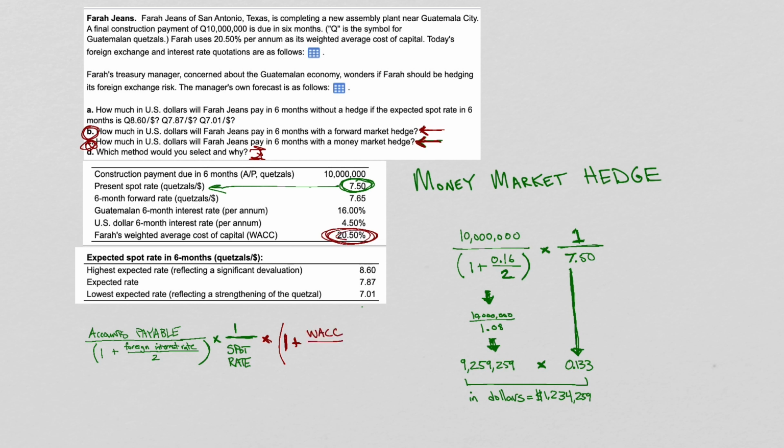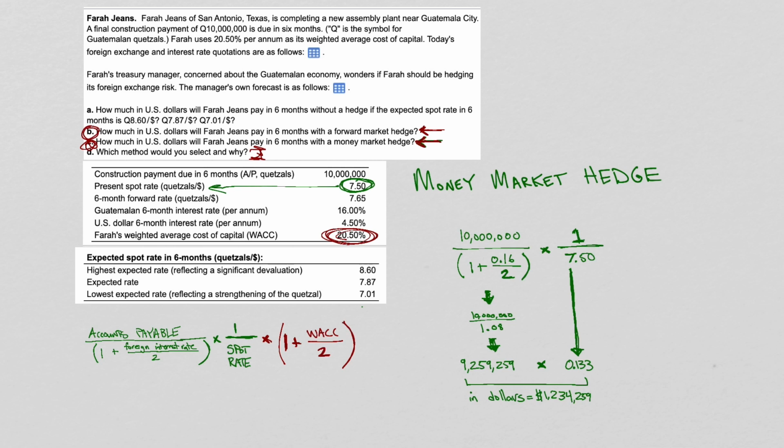Then we have to add our weighted average cost of capital back in here. And if this is annualized, then since it's 6 months, half a year, we basically add in 6 months' worth of weighted average cost of capital.